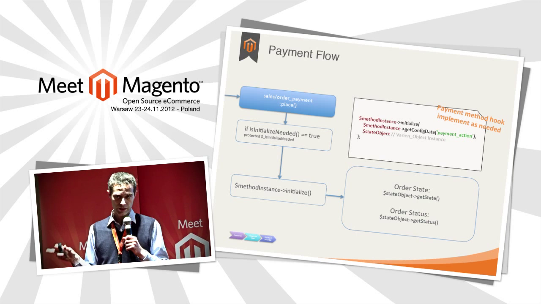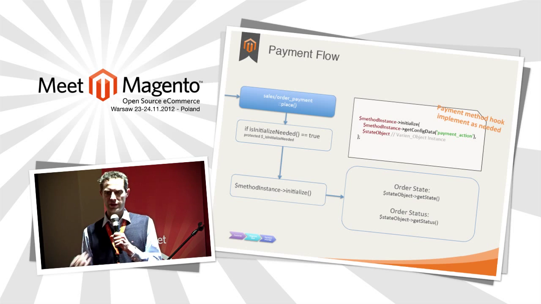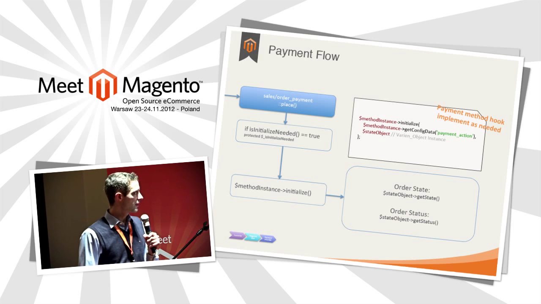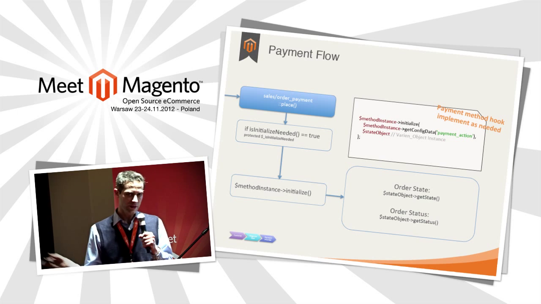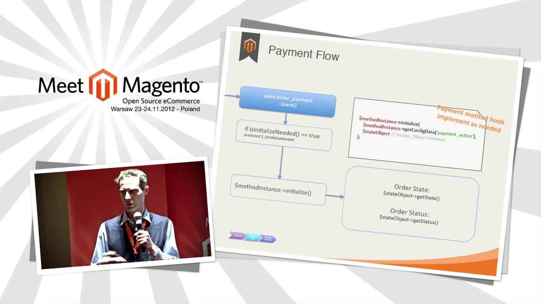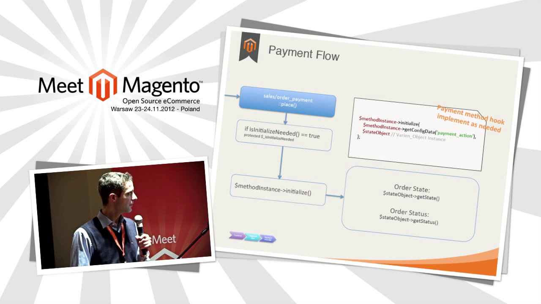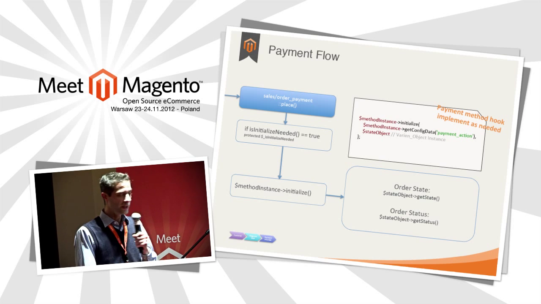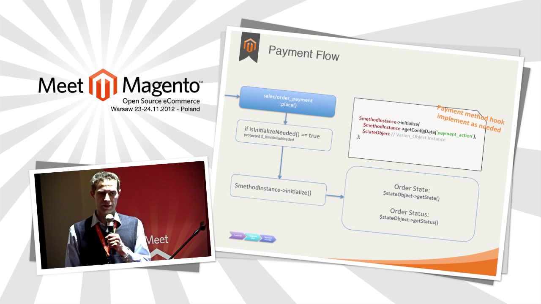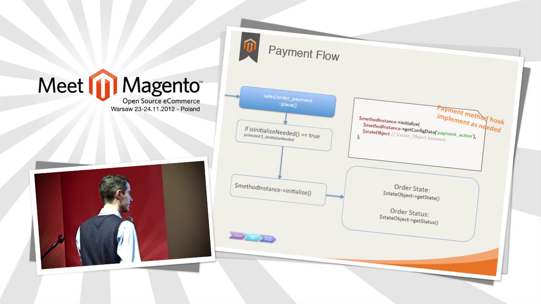It gets the configured value of payment action and a state object, which is just a variant object instance. You can set some values on the state object, and they will be used to set the state and status later on the order once you're finished with initializing the whole thing. This call, initialize, by default does nothing. So you can do whatever you need to do in there. It's just a hook method.